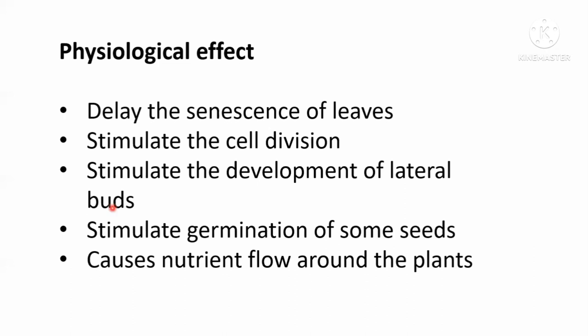You can do an experiment. Actually, it's not a small one, but if you select two leaves from one plant, and you treat one leaf with radioactive carbohydrate and the other leaf with cytokinin, and keep it for a few days, you will see that most of the radioactive carbohydrates are present in the cytokinin-treated leaf, not in the leaf treated with radioactive carbohydrate.